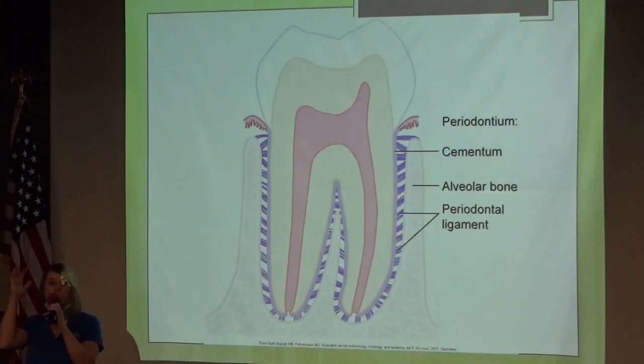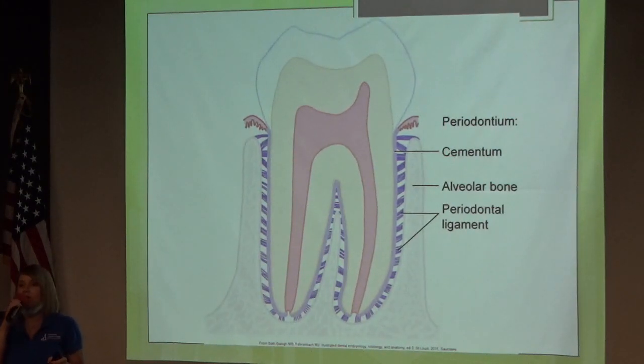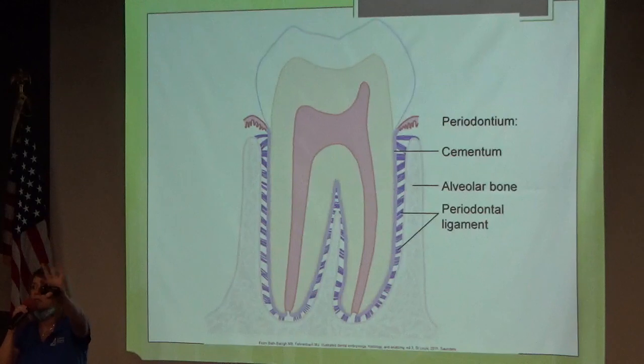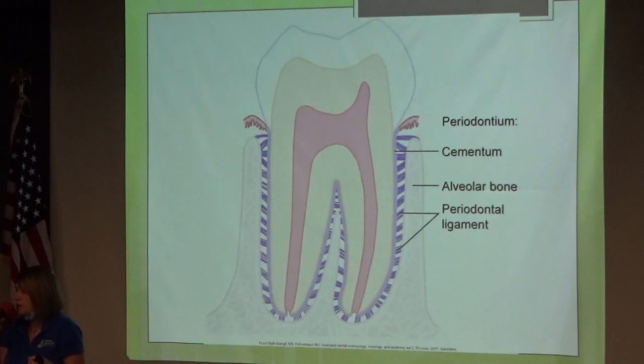And so those periodontal fibers, how many of you have braces or any type of aligners? Sometimes when you go to the hygienist and you have your teeth cleaned and you leave and you're like, my teeth are so sore, like you don't want to eat, or you've had orthodontics done and your teeth are super sore when you go to bite down.